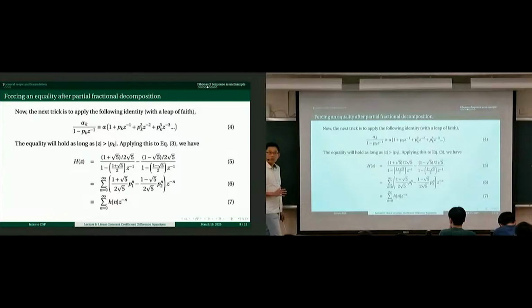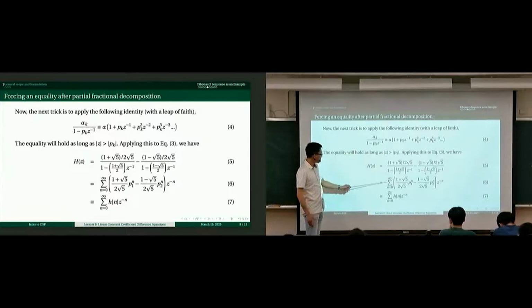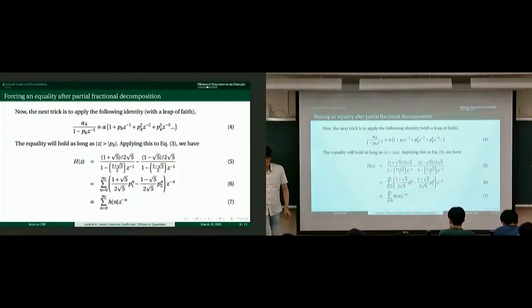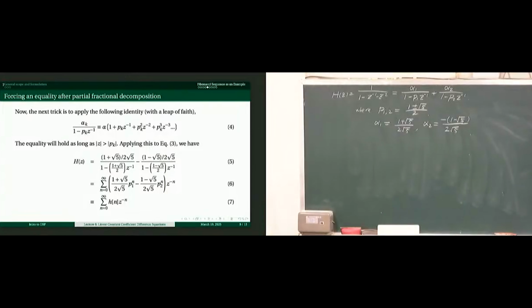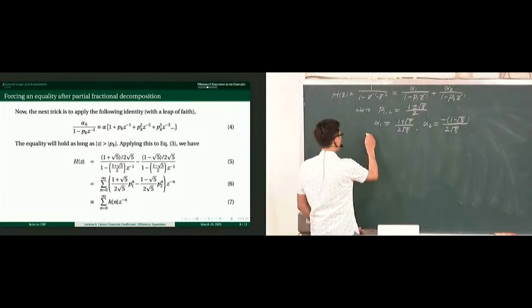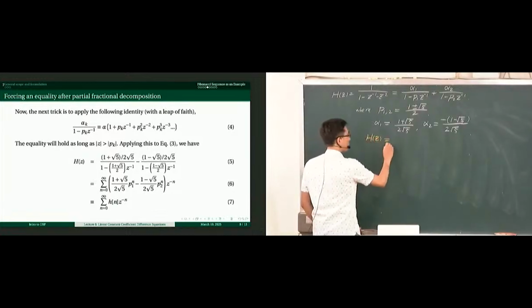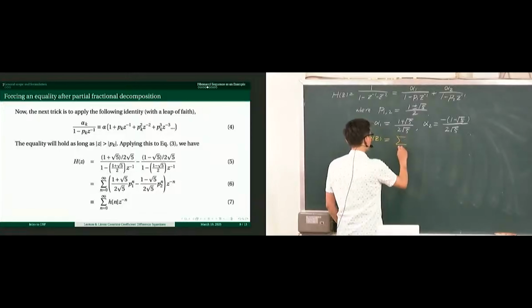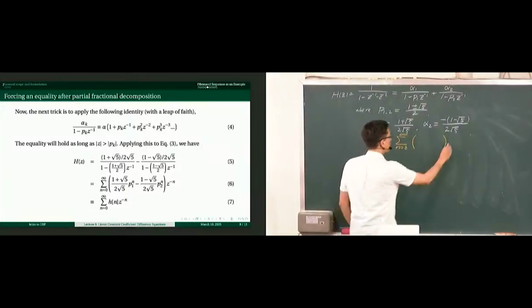We're almost done. Once you reach this line, the next step is simply to notice that this H of z is now a power series. Let me introduce this term and write it on the board. So now we have a power series: H of z equals the summation of something, a big thing, from 0 to infinity, times z to the minus n.